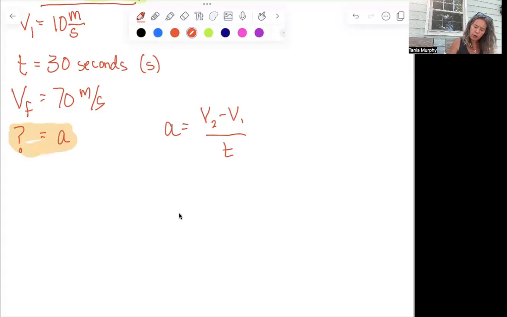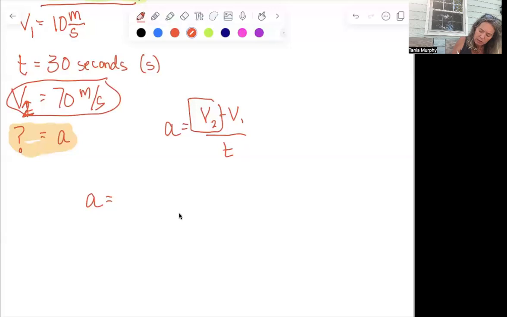Okay, so now I'm just going to plug in. A equals V2. I put VF, that means the same as V2, my bad. Final, second, last, remember there's the 2, so that's 70. So we'll put 70 meters per second here, minus V1, well, that's right there.